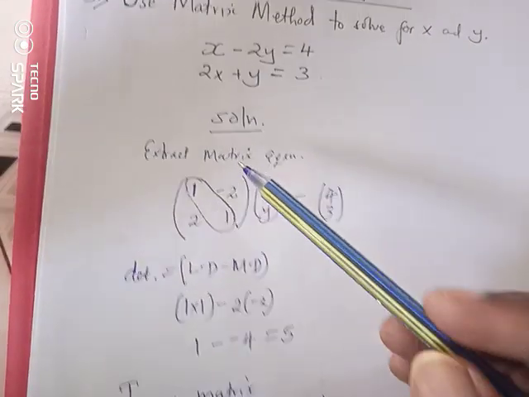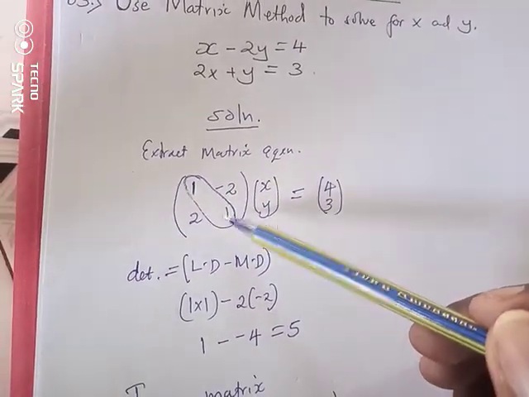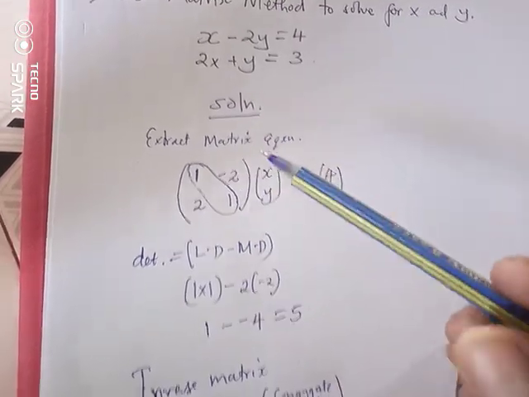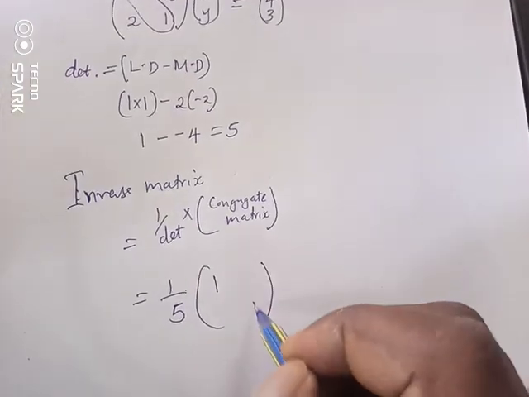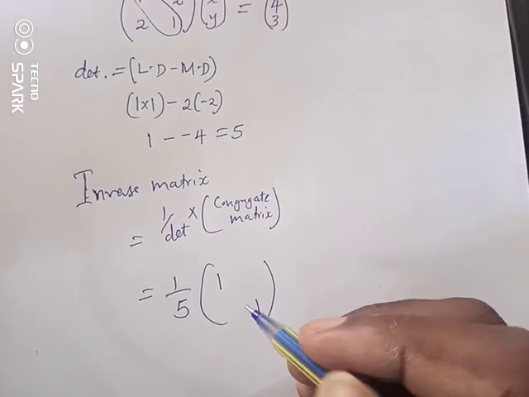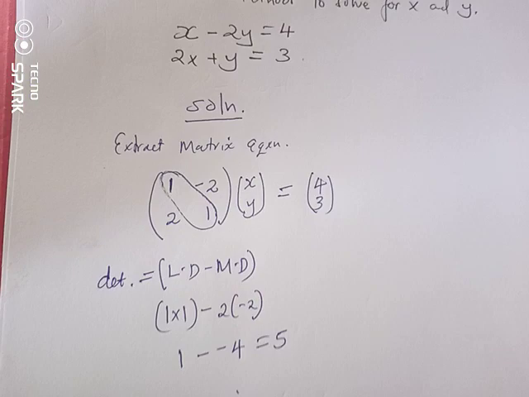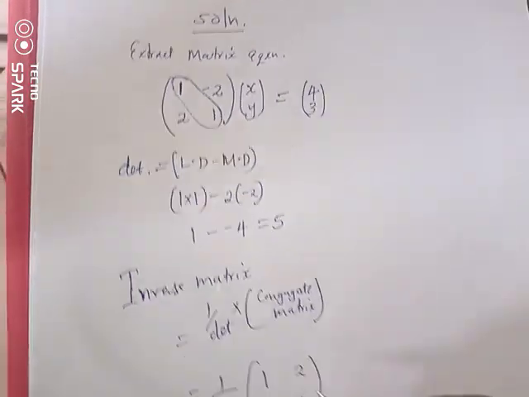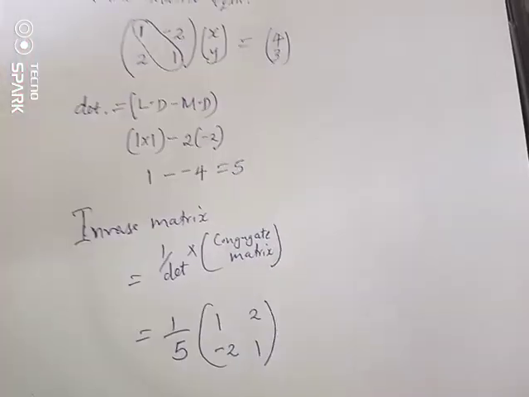The conjugate matrix we know how to get. We just change the elements in the main diagonal, then we change the signs of the elements in the minor diagonal. So 1 and 1, whether you change them, they will still remain the same. But the negative 2 down here and the other 2 shall become positive. So I've changed the signs of the minor diagonal.